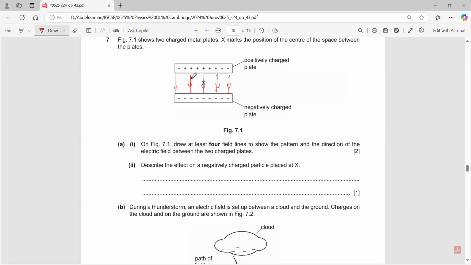Describe the effect on a negatively charged particle at X. If you have a negative particle at X, what will happen to this particle? It will be attracted upwards towards the positive plate.